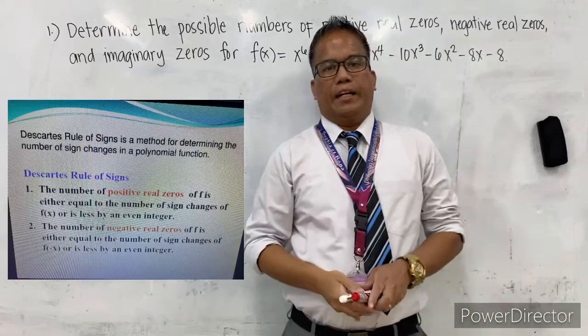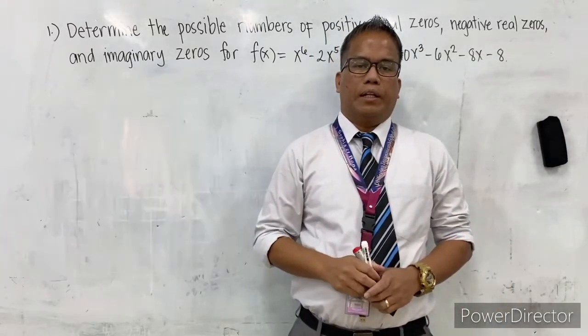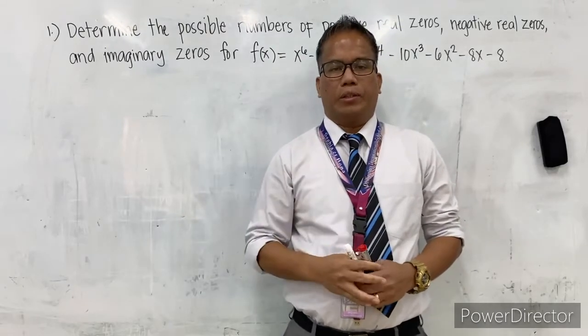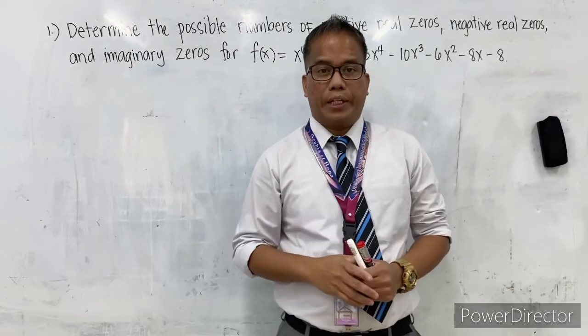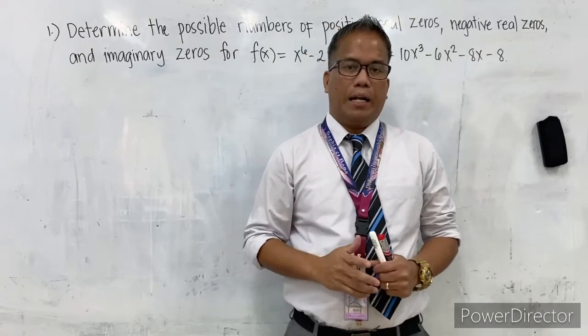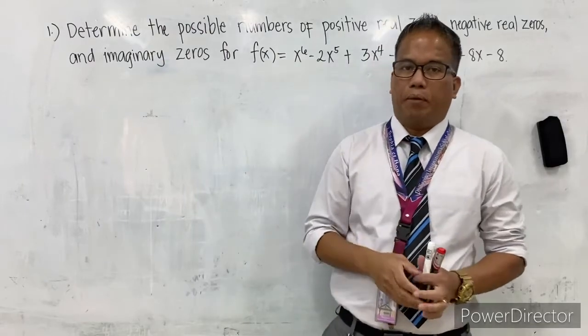For today's lesson, we will discuss Descartes' rule of signs, and how to determine the possible number of zeros in a polynomial function. So I have here one example.